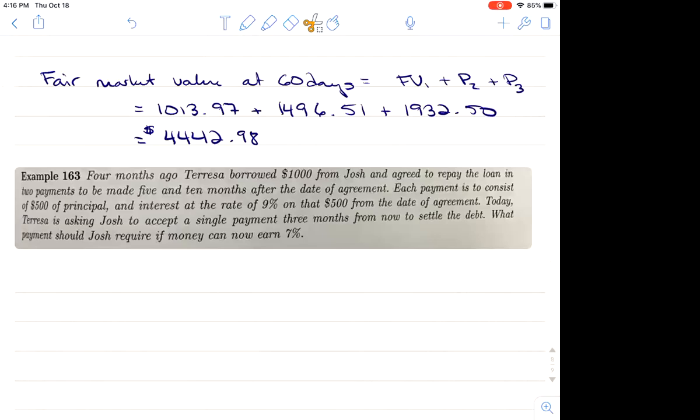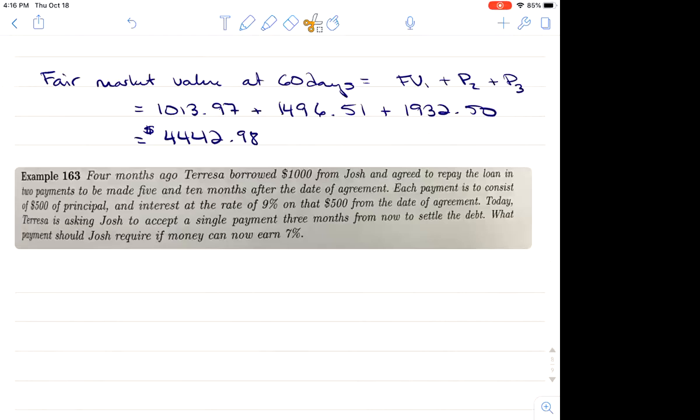The hardest part, I think, is going to be to figure out how many dates we have and then figure out where they all go on the timeline. Because she borrowed money 4 months ago, so we have to have 4 months ago today, and then she was gonna make payments at 5 and 10 months from the agreement, but she's gonna pay it today.